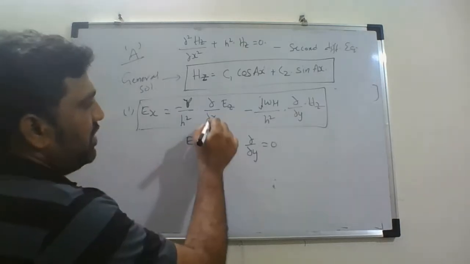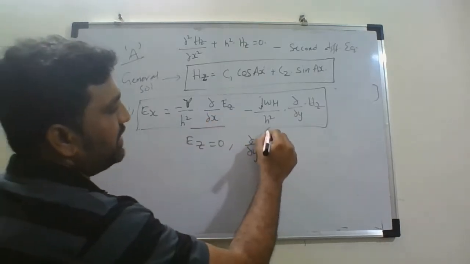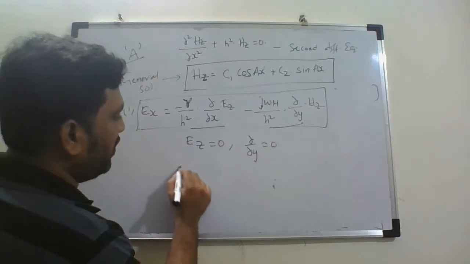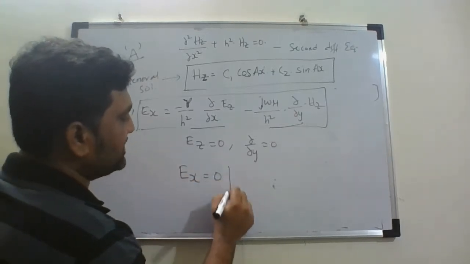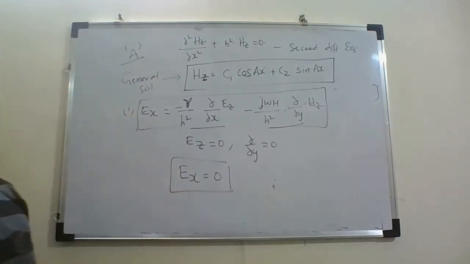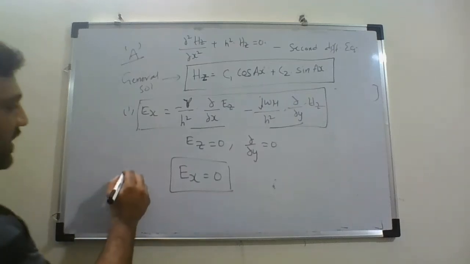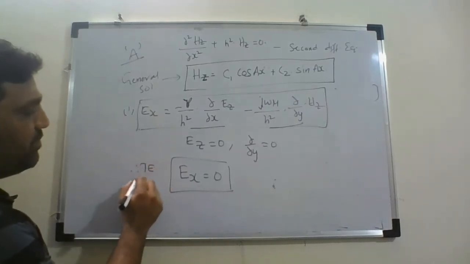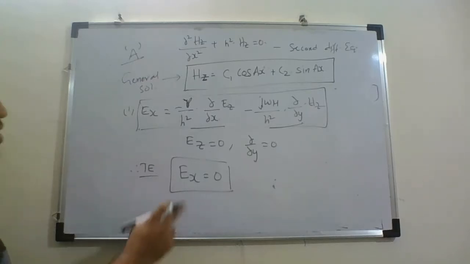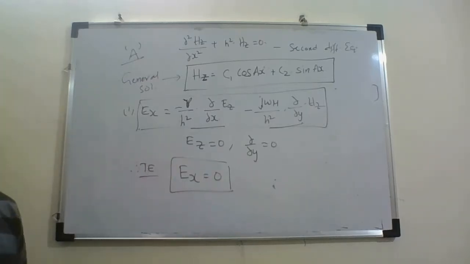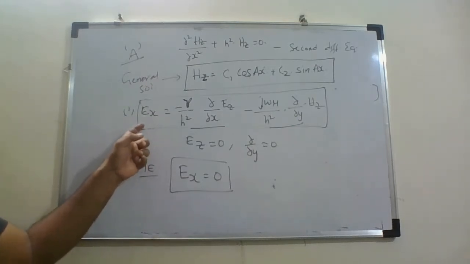Therefore this component is 0 and this component is also 0, so the final value of Ex is always 0. So in case of a TE wave in the parallel plane waveguide, the component Ex is equal to 0.